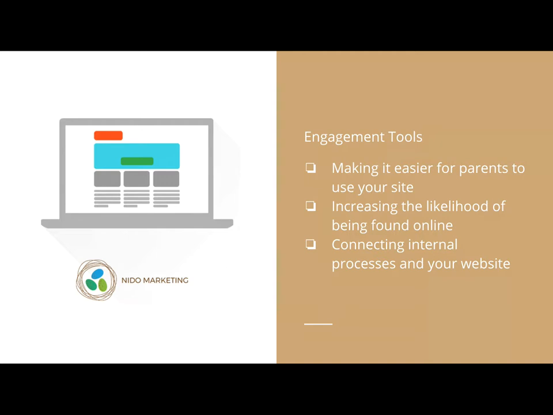So we are interested in engagement because we're spending a lot of time, money, and resources in order to get people to visit our website. This is the first impression that people are going to have about your school. It's not like it used to be, where people would stop in and visit as a first step. For the majority of your parents, they're going to find you online first.